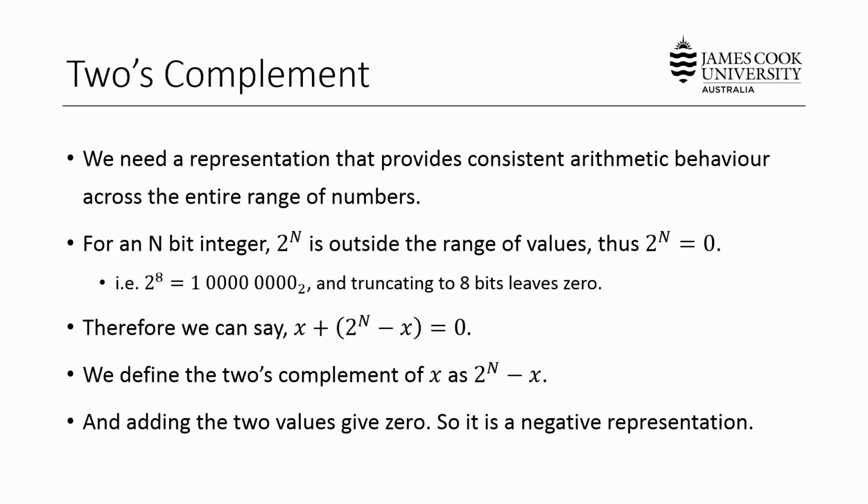The reason why that's good for us is because if we take a number and add it to another number and it equals 0, then that other number has to be the negative of our x value, right? So as a result, we can therefore say that 2 to the power of n minus x is equal to the negative value of x. So we define the 2's complement of x as 2 to the power of n minus x. And adding these two values gives 0, and that tells us that it's a correct negative representation.